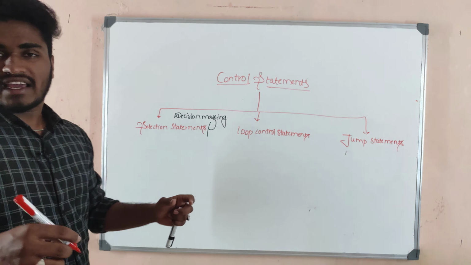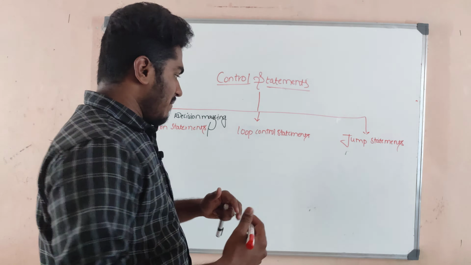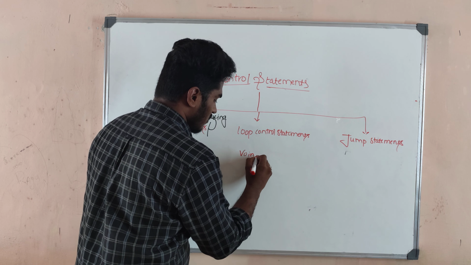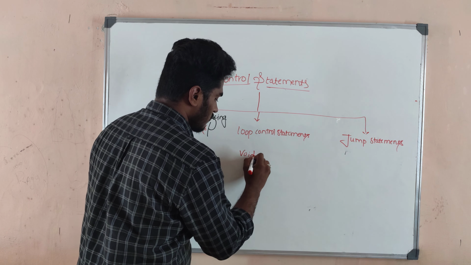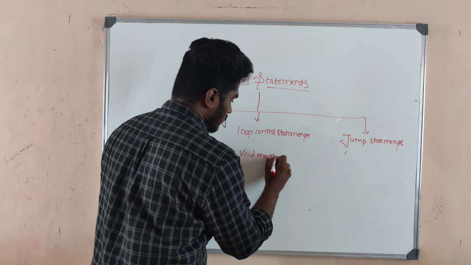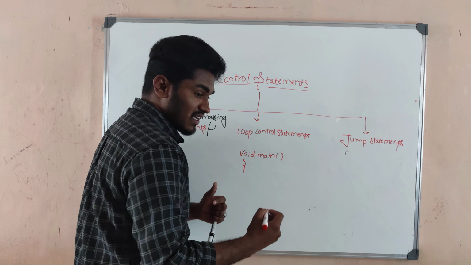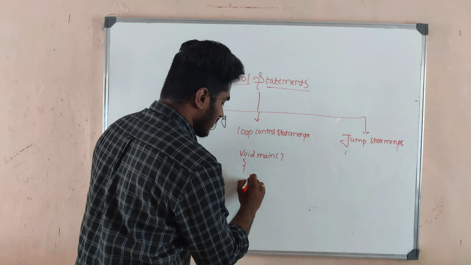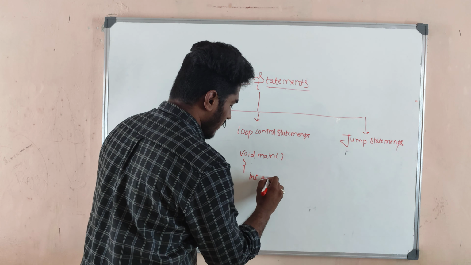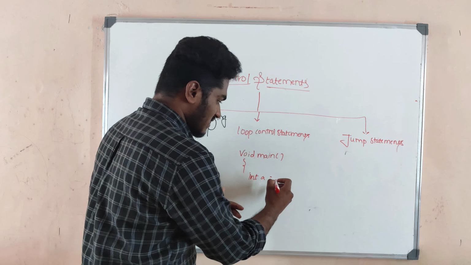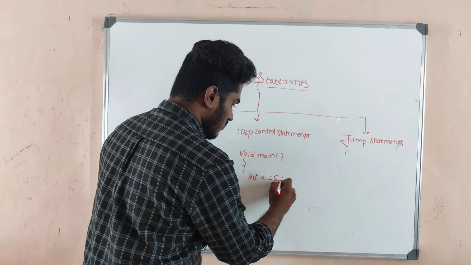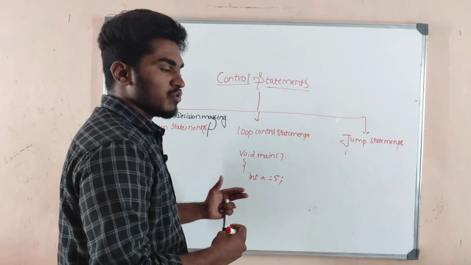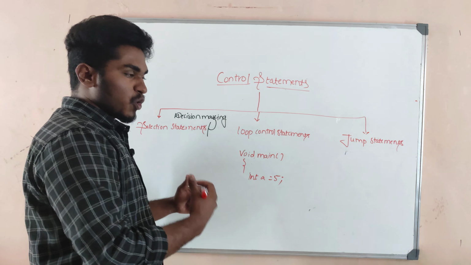Okay, so let me explain one basic program. That is void main. I'm declaring one variable, an integer data type a, and here itself I am assigning a value. I'm using the clrscr function in order to remove the previous program output.